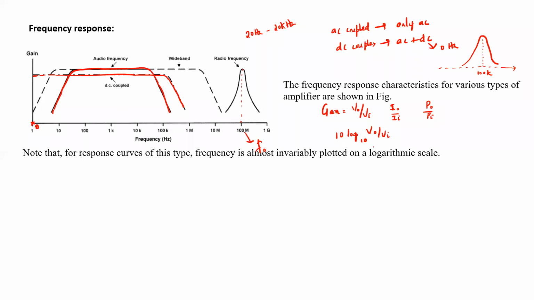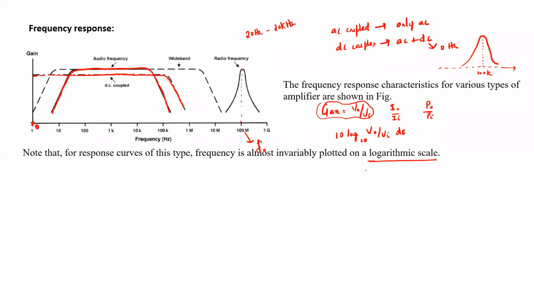Understand that this is what the logarithmic scale is. We convert this into dBs rather. So instead of calling it a logarithmic scale, we can even call it dBs. Instead of plotting gain, we plot gain in dBs. That is why they call it a logarithmic scale.